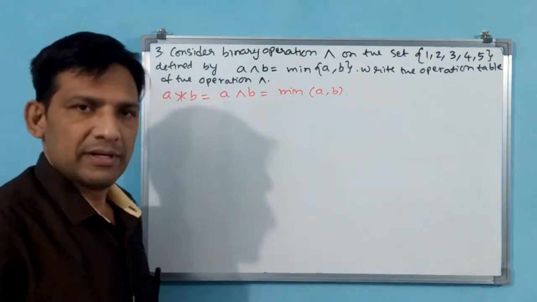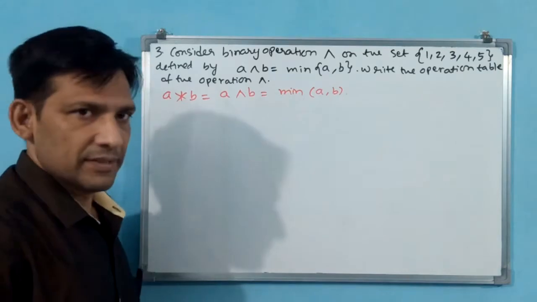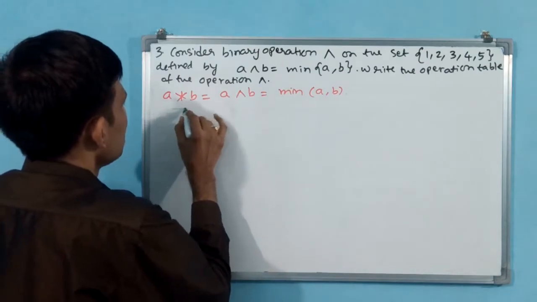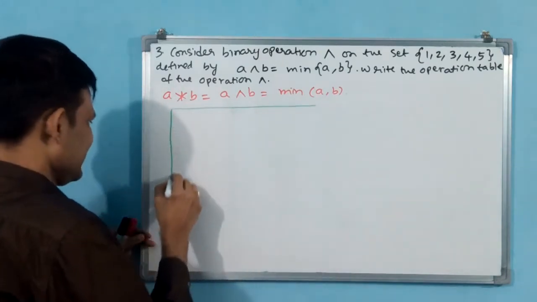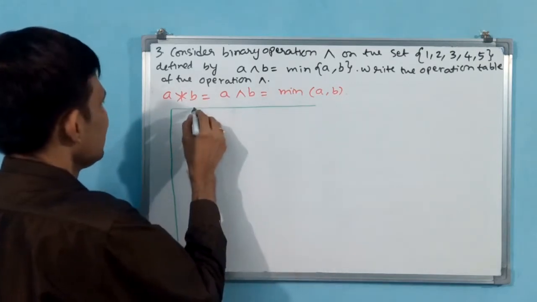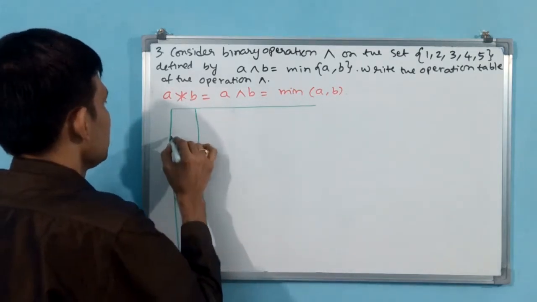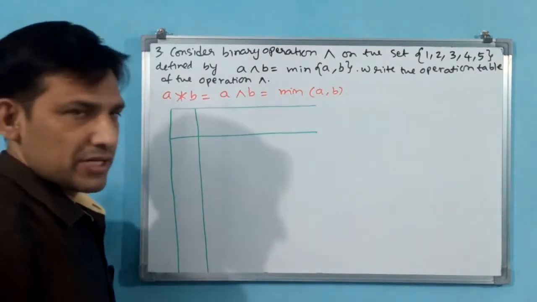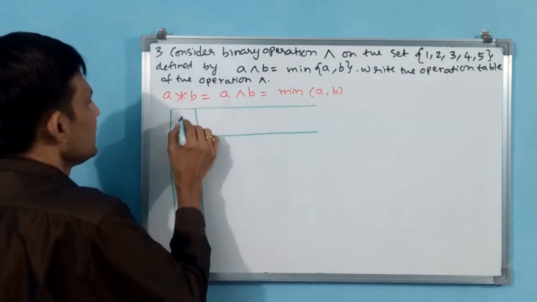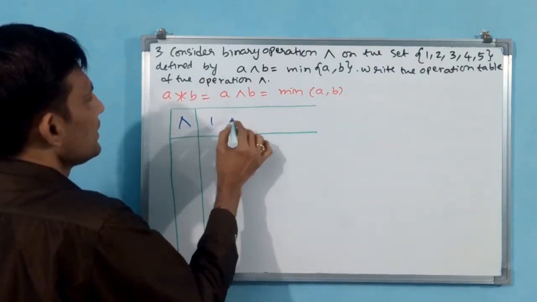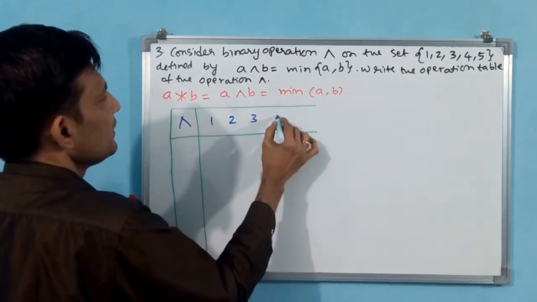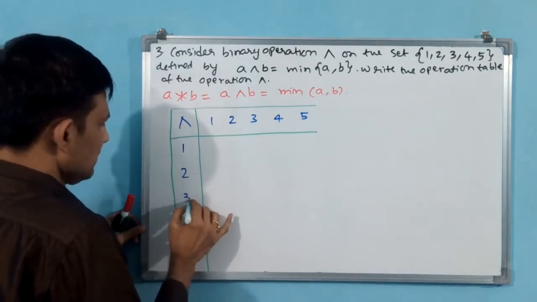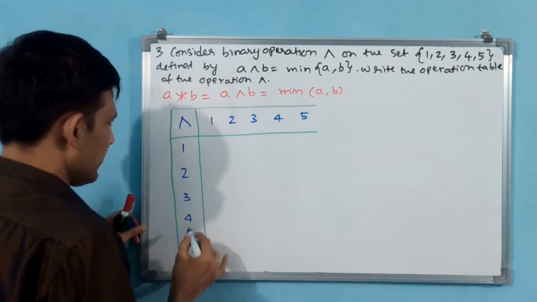Let us draw the operation table. See how I am drawing the operation table. There are 5 elements. First you write the corner as min, then you take all these elements 1 2 3 4 5, and vertically also 1 2 3 4 5.